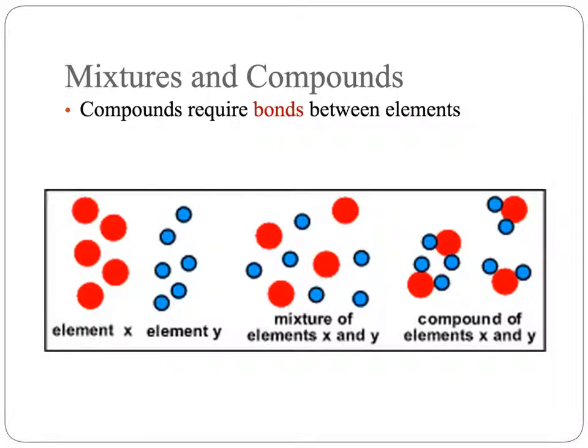The last point I want to make about compounds is that compounds require bonds between the elements, whereas mixtures do not. So if we pretend that this red dot here is some oxygen and the blue circles are hydrogen, then if we put oxygen gas and hydrogen gas together, we can create a very nice mixture of gases, but we won't necessarily make water.